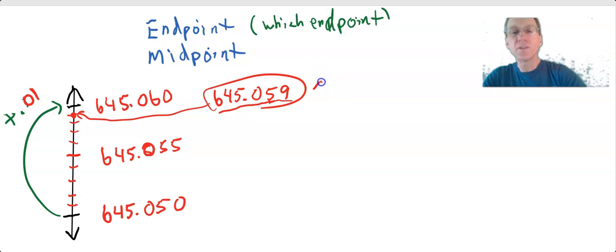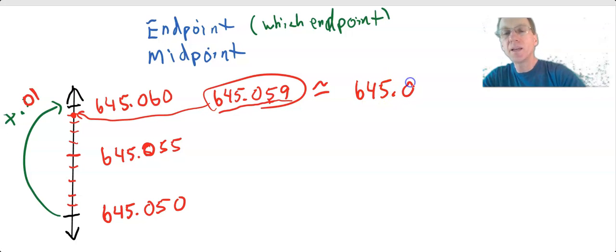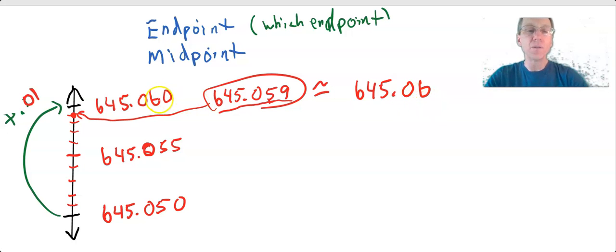So 645 and 59 thousandths to the nearest hundredth is going to be 645 and 6 tenths, 60 hundredths. Remember, we're going to leave it just in the hundredths. We just use that 0 to help ourselves out. And last thing I'm going to do is just fill in the rest of them so you have them and you can check your work, and then we'll call it.